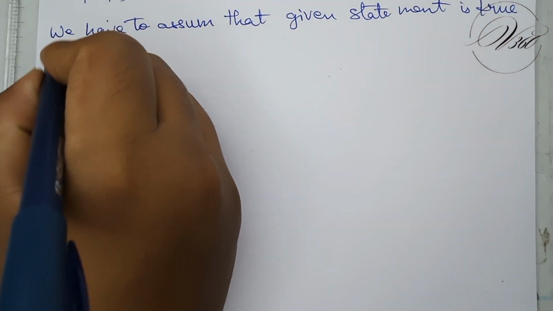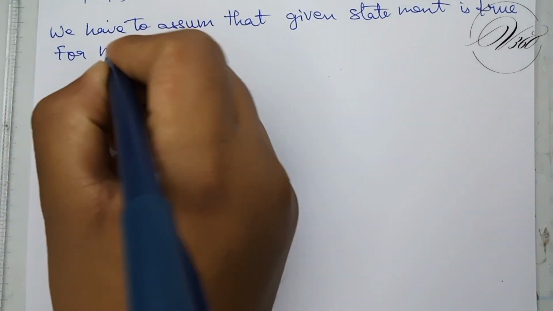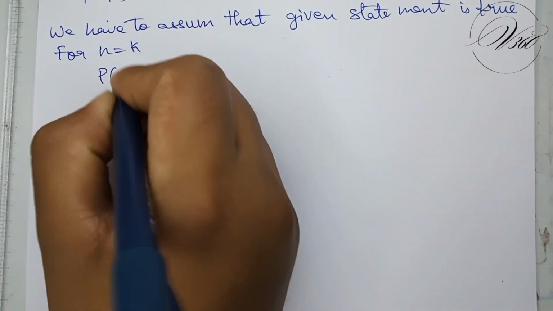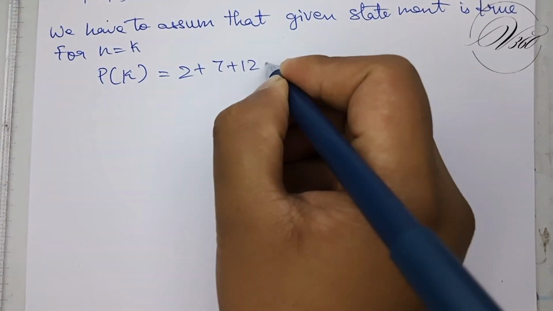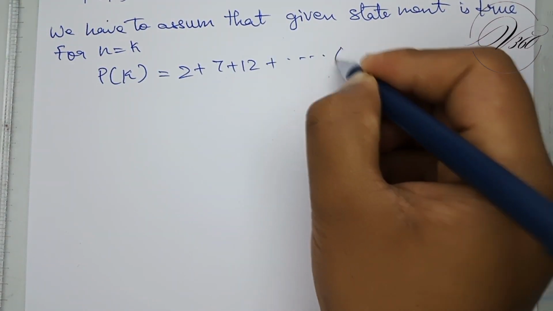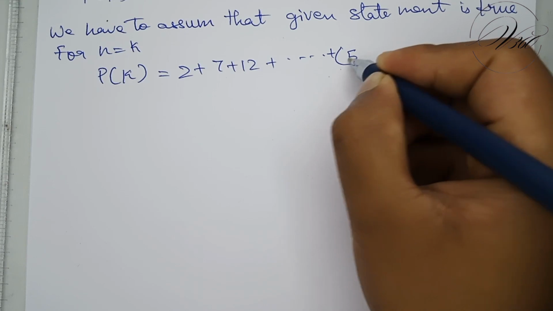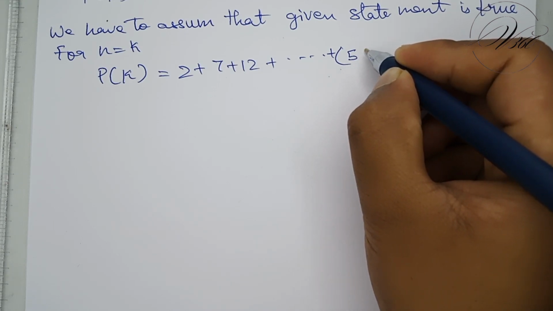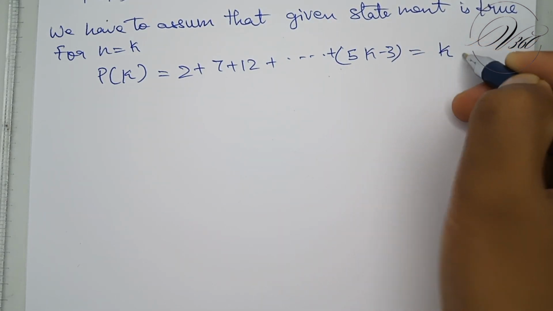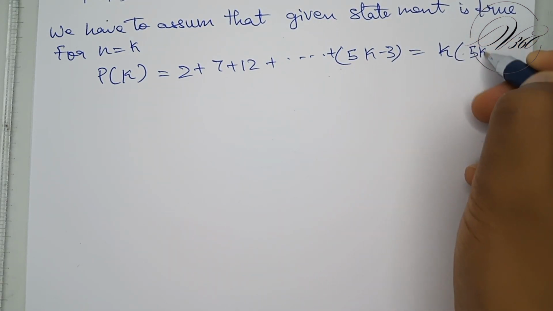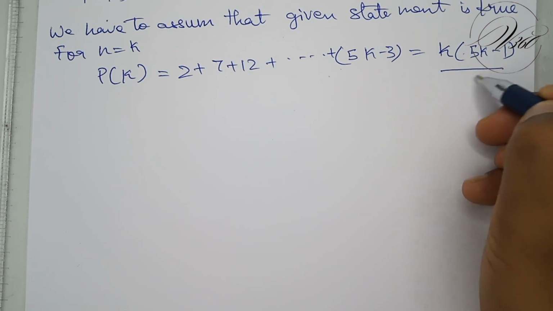Okay, for n equals k, P(k) is equal to 2 plus 7 plus 12 plus up to 5k minus 3, which is equal to k(5k minus 1)/2.